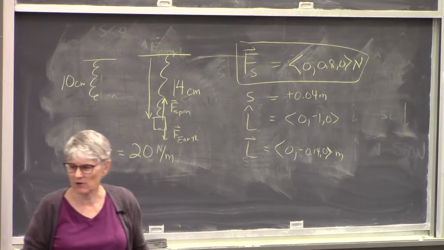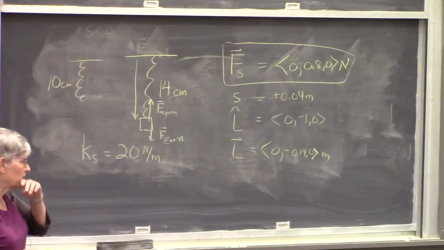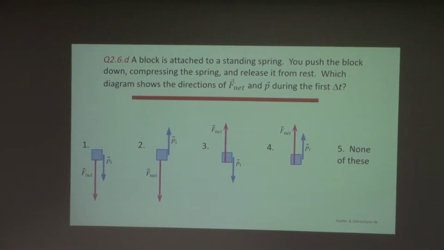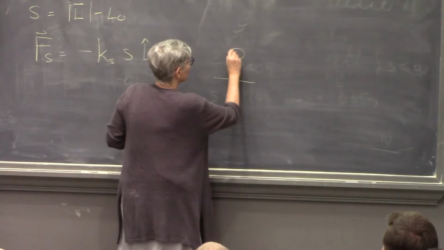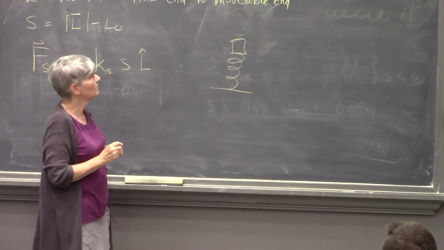So let's look at different points in this motion. We've got a block, there's a spring, so a block sitting on top of a spring.